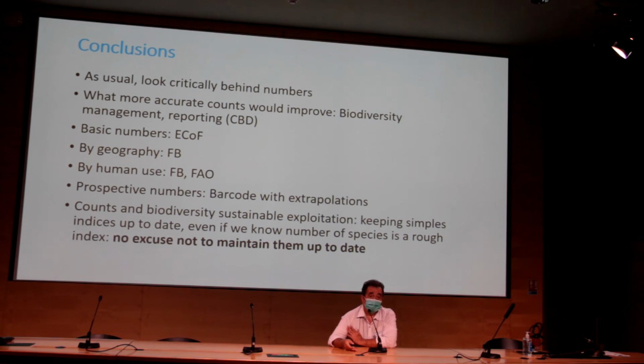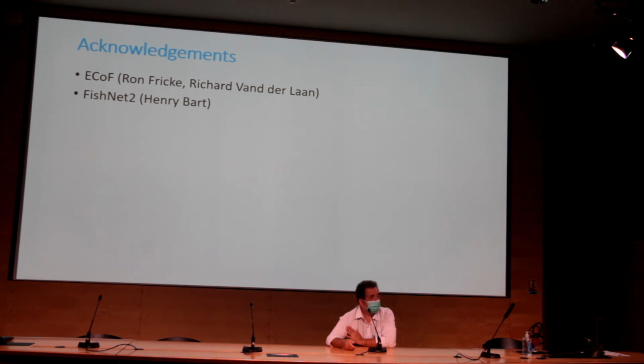You have many temporary or potential taxa species that are there, and if you want to use some prospective numbers for the number of species by family or genus, it's better to go there to add to the existing species. So again, species are very rough indices, yet they are simple to understand, and there is no excuse that we don't update it properly. Thank you very much.